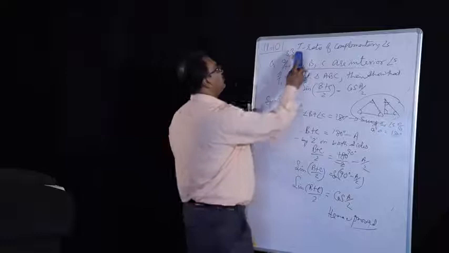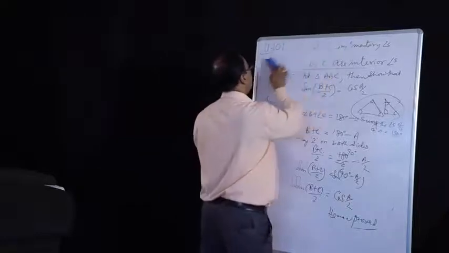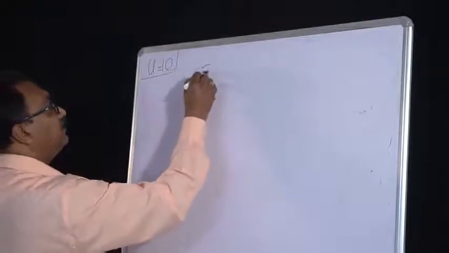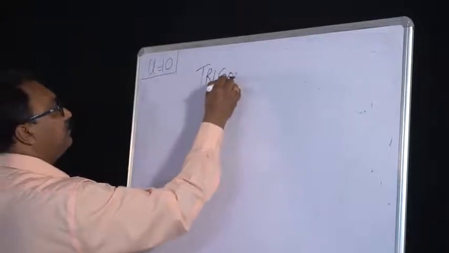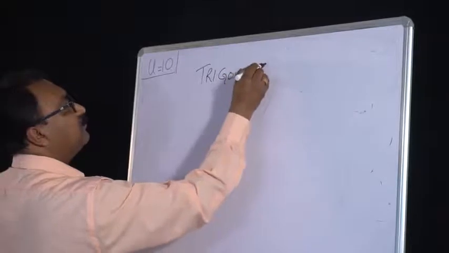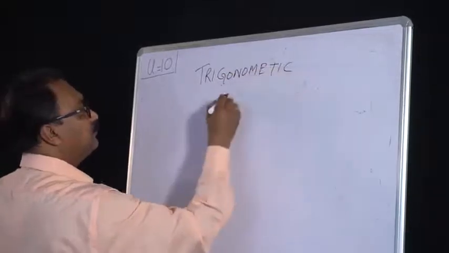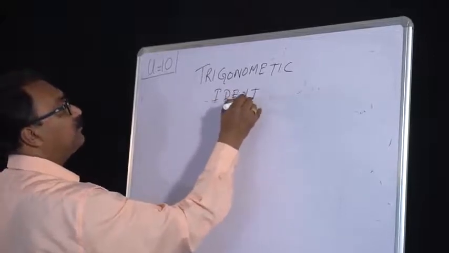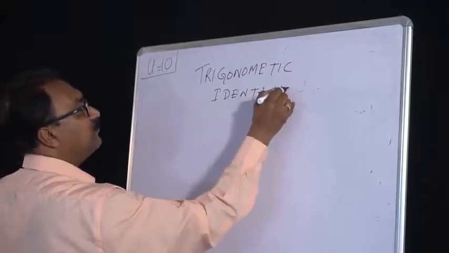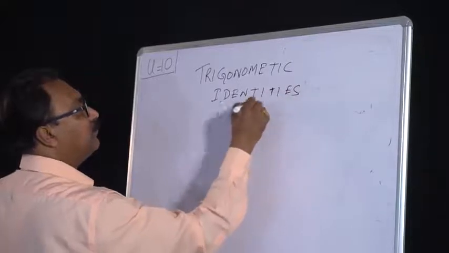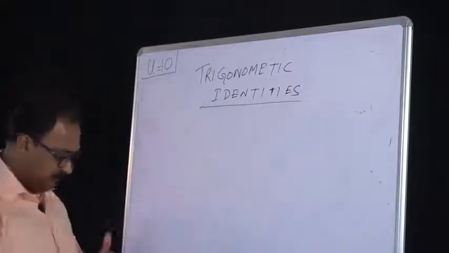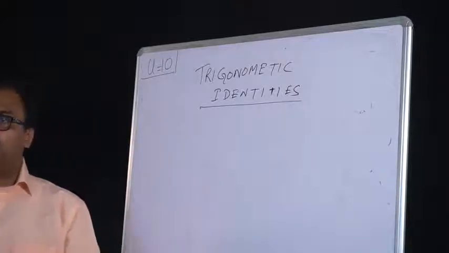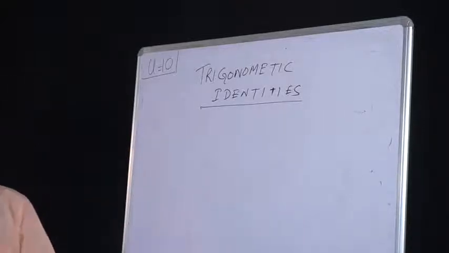So we'll do trigonometric identities now. Trigonometric identities are formulas.